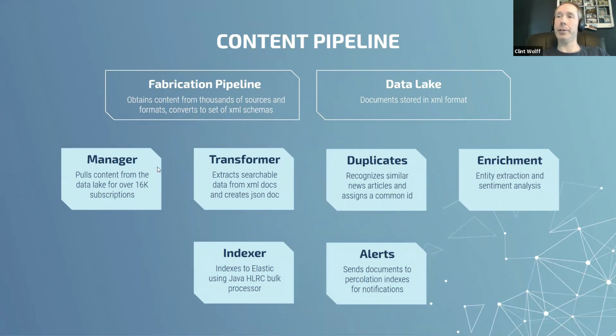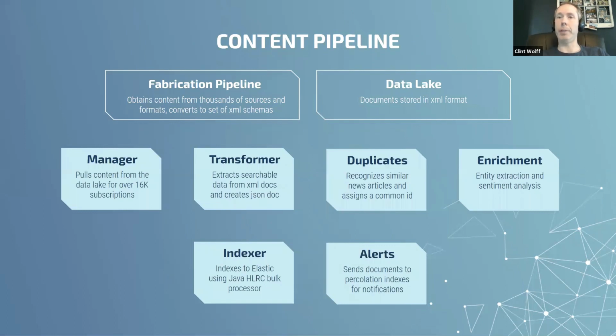And what it's going to do is pump each one of those individual XML documents onto a Kafka topic. So between each one of these processes, you can envision Kafka topics being used as the mechanism of getting documents from one process to another. Also, each one of these processes is a Docker container.